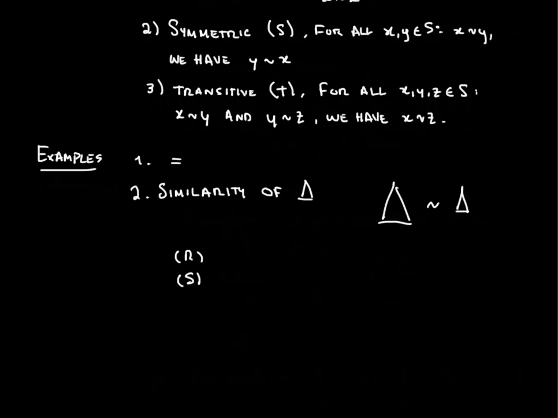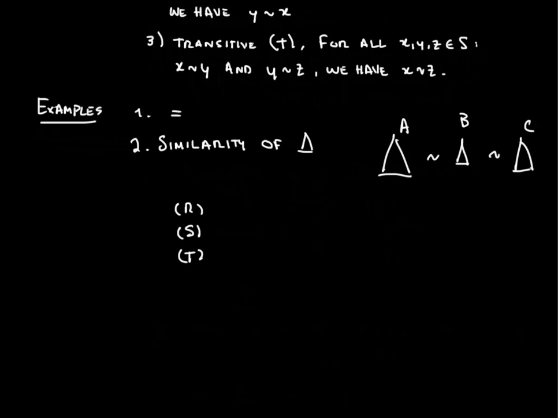It is symmetric because if triangle A has the same angles as triangle B, then triangle B has the same angles as triangle A. Similarly for transitivity, if we have a third triangle C, and A has the same angles as B and B has the same angles as C, then A has the same angles as C. That was a tongue twister. I will never say that again, I swear.